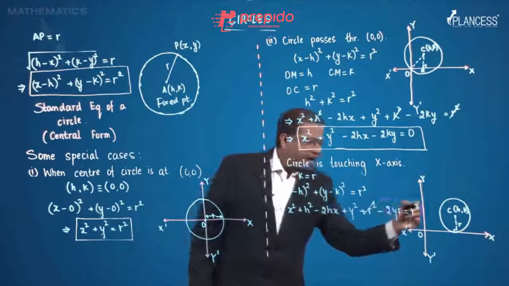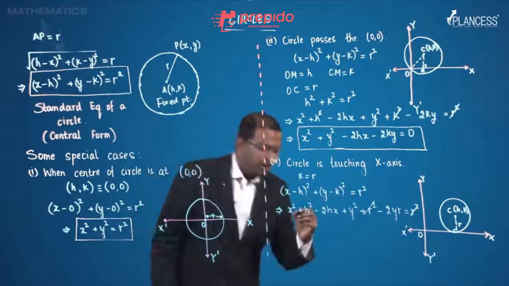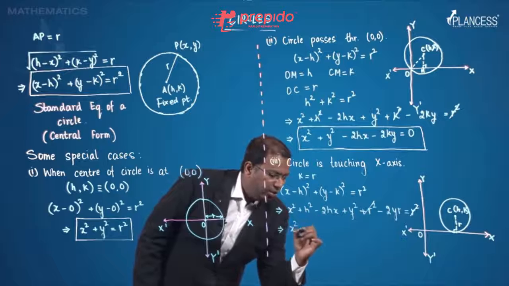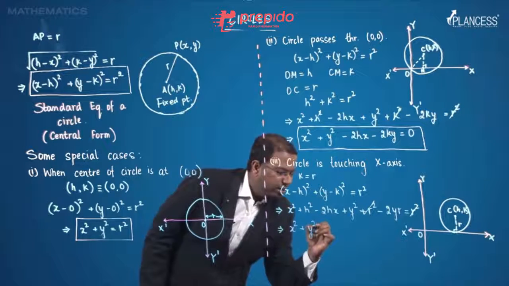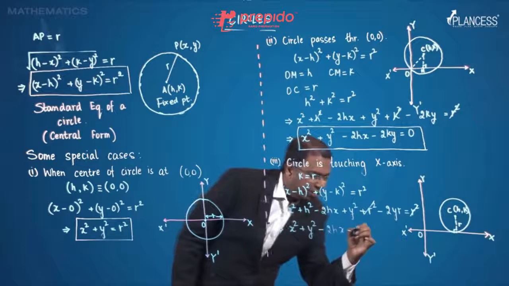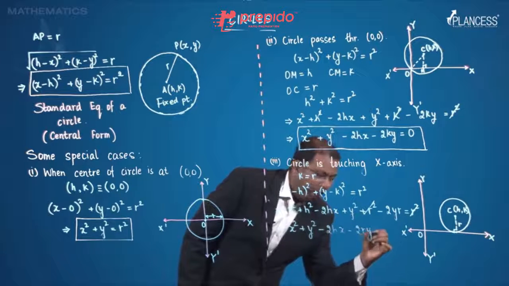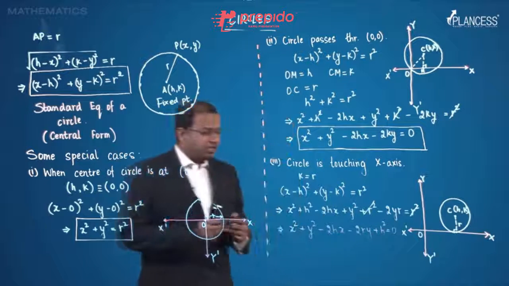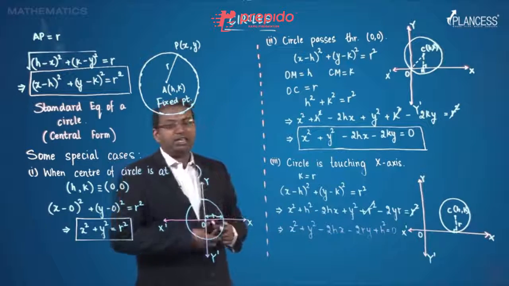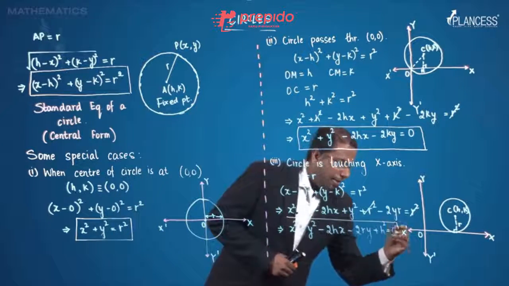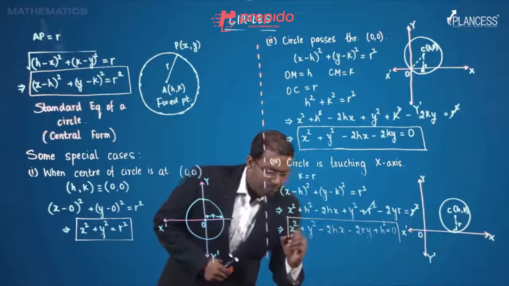Now r square and r square gets cancelled, and what we are now left with is x square plus y square minus 2hx minus 2ry plus h square equal to 0. So this is the case when the circle is simply touching the x-axis.